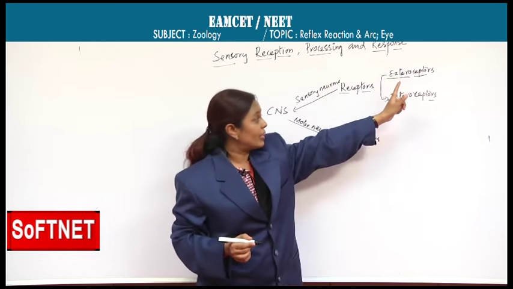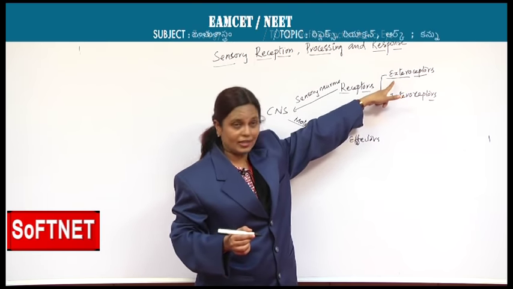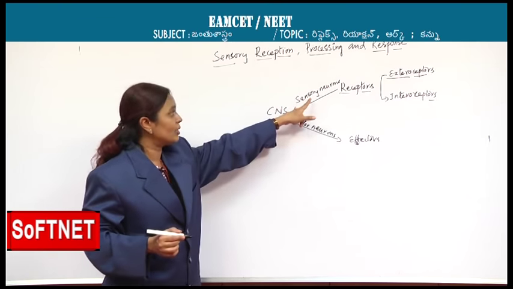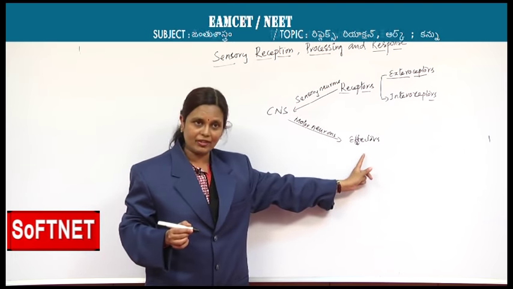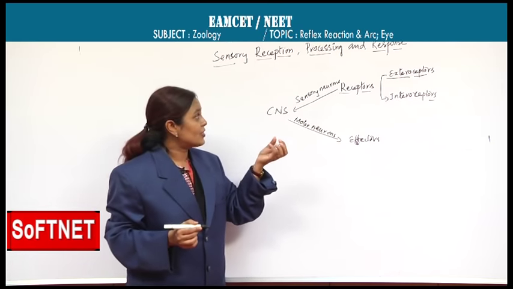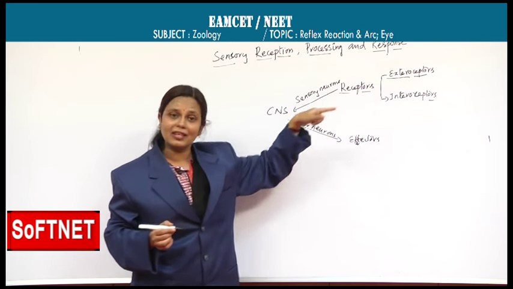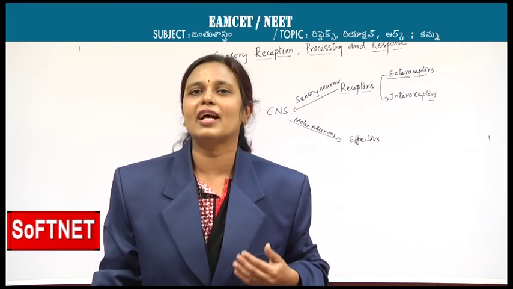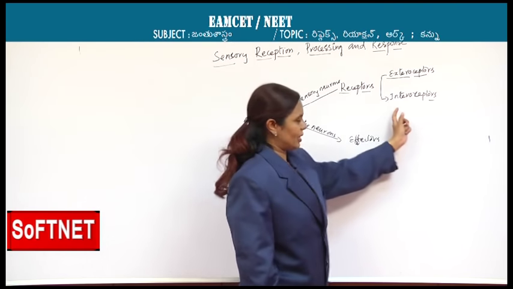So, whatever changes in the external environment are received by the exteroceptors go to the central nervous system through the sensory neurons, and processed information is sent back to the effectors and you respond. This sensory perception and response using external receptors is controlled by the somatic nervous system and takes place under our conscious control.